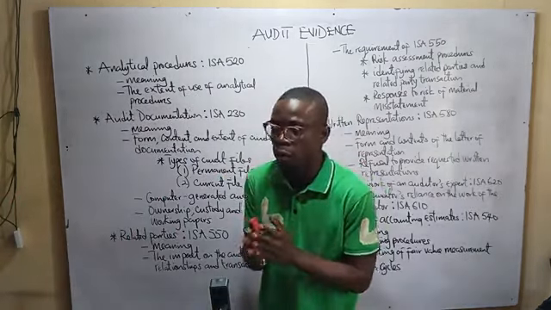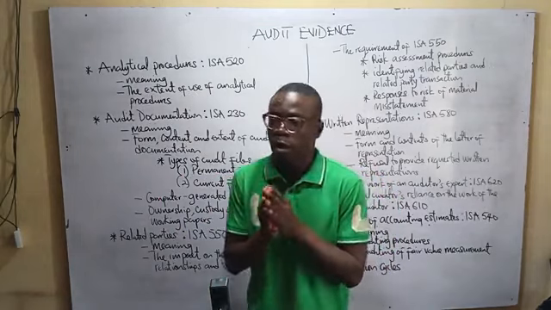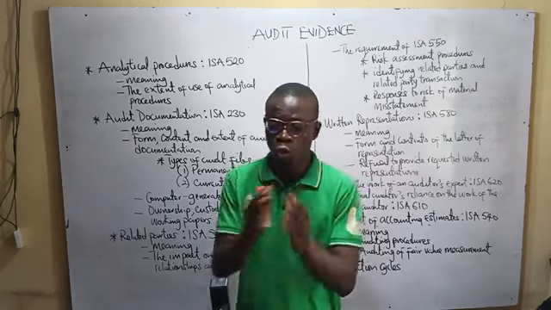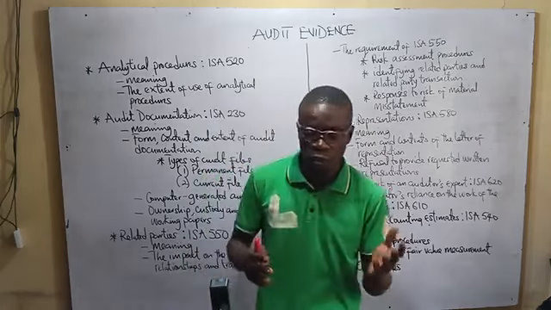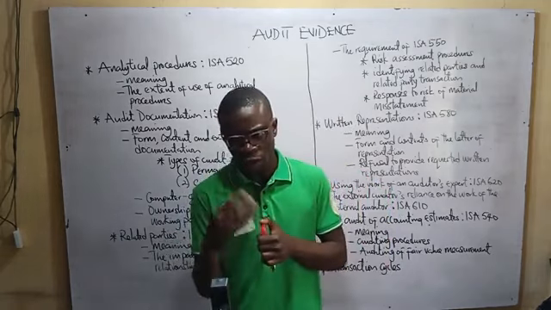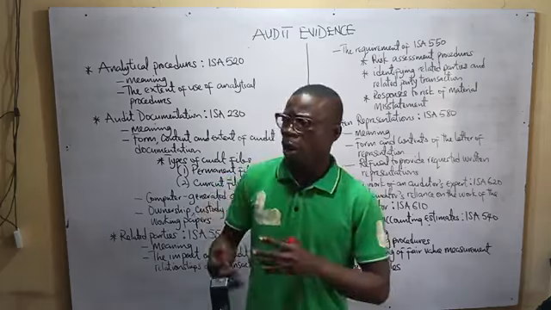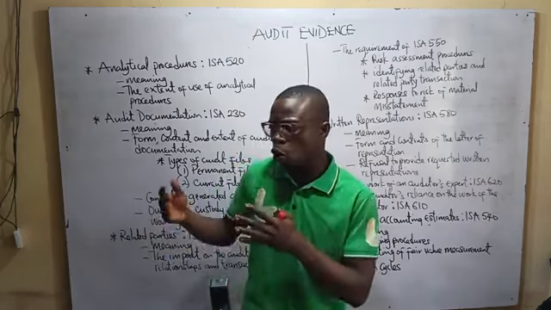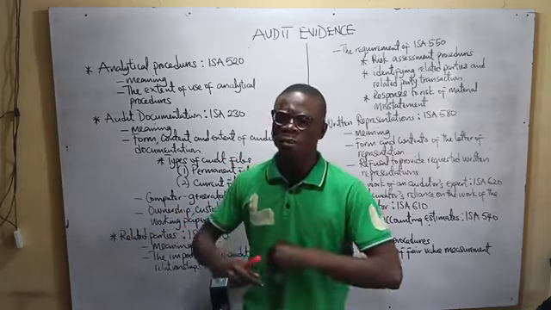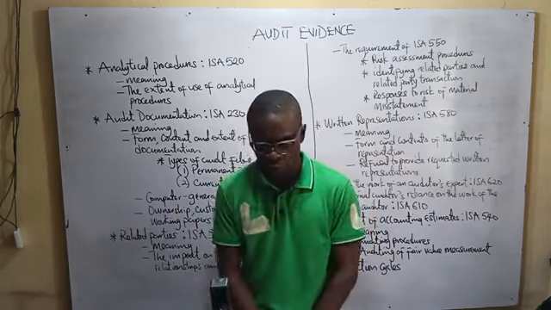Now, let's look at it. I gave an example of a company that made 2 million in the last 2 years. In the last year, they made 3 million. That means their revenue is increasing by 50%. Now, in the current year in which the auditor wants to audit, the company makes 200 million naira.